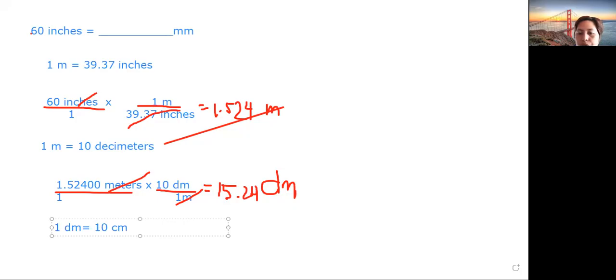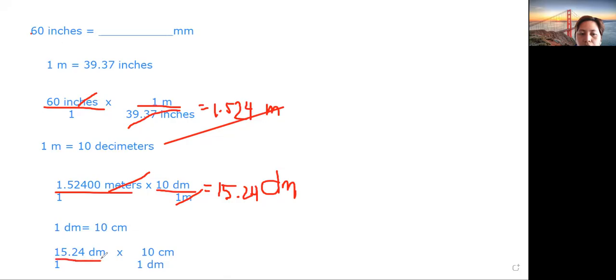Therefore, you'll just have to convert 1 decimeter to 10 centimeter.